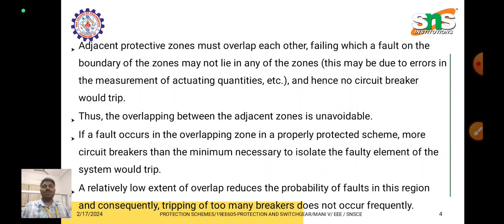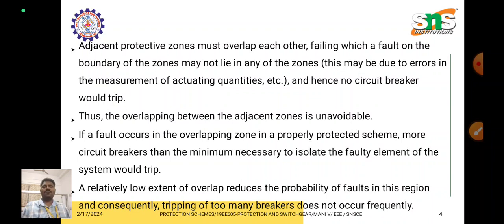It is based on the distance where the fault is located. The faulty section should be isolated immediately without any time delay, so the overlapping between the adjacent zones is unavoidable. It should always be overlapping.